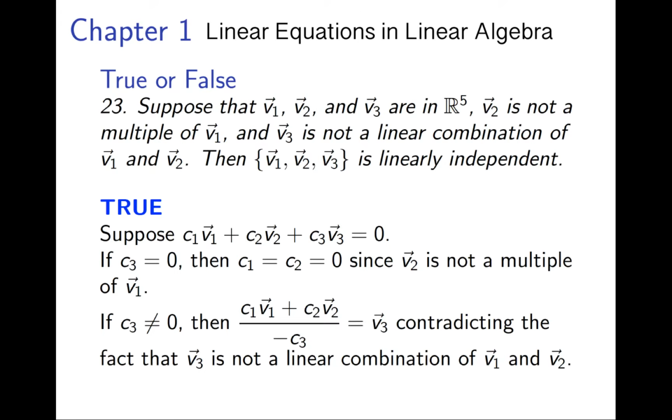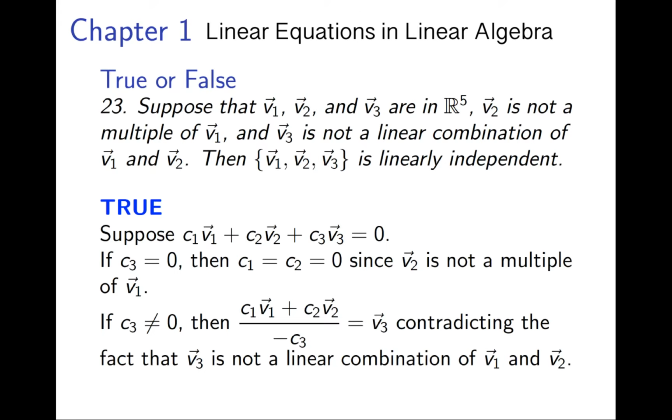So one case is if the coefficient of v3, which is c3, is equal to 0. Well, then that would imply that c1 and c2 must also equal 0, because if not, then we could write v1 as a multiple of v2, right? And we said that v2 is not a multiple of v1.